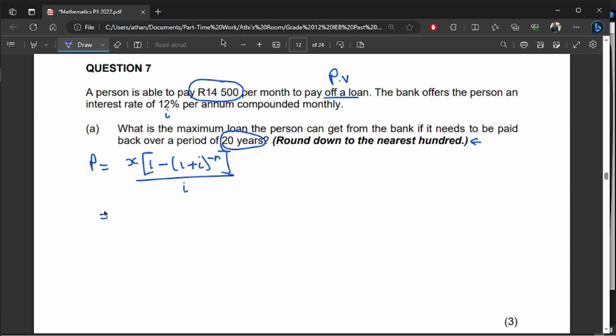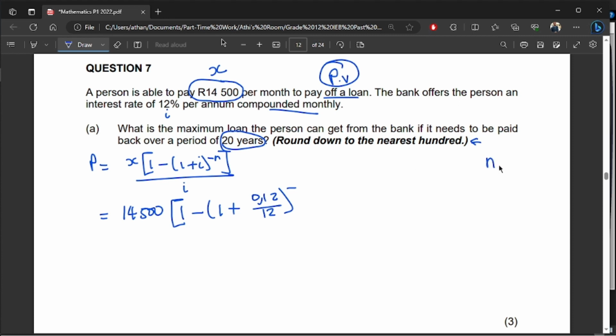Now, to do my substitution, a person is able to pay 14,500 per month. That's what is being put per month. To pay off a loan, this is the value of P. Now when I substitute, I'll say 14,500 [1 - (1 + i)] where i will be your 12%, which is 0,12 over 12, because it's compounded monthly, to the power of negative, they said 20 years there.